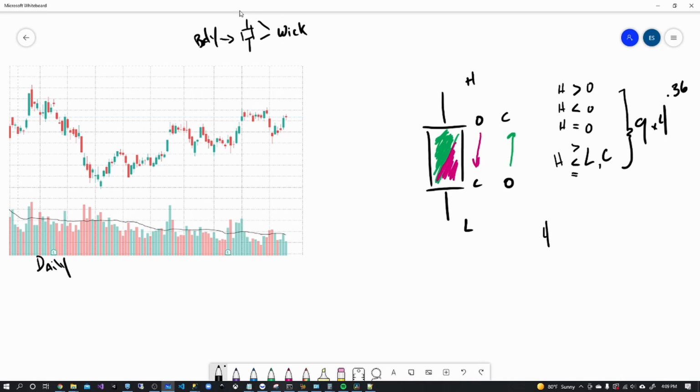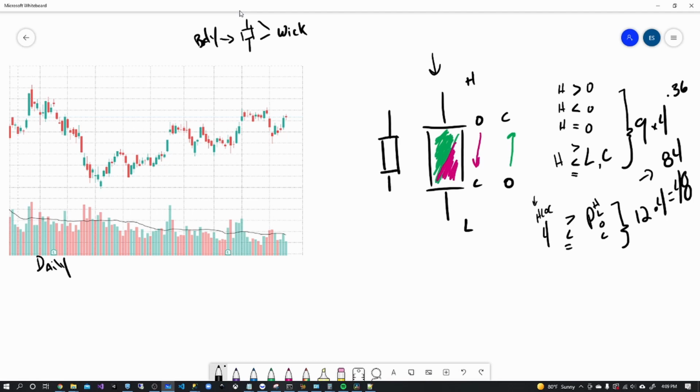Now if we take those same 4 pieces, the high, low, open, close, and do the same comparisons, greater than, less than, or equal to the previous values, previous high, low, open, close, we get 12 per individual item. 4 pieces, 48 unique mathematical calculations for a total of 84 calculations, just focusing on the high, open, low, and close of the current candlestick and a previous candlestick.